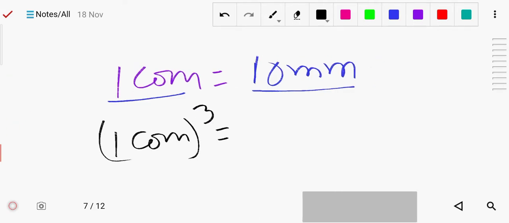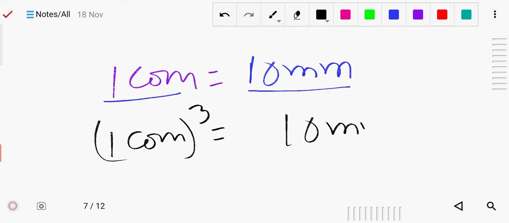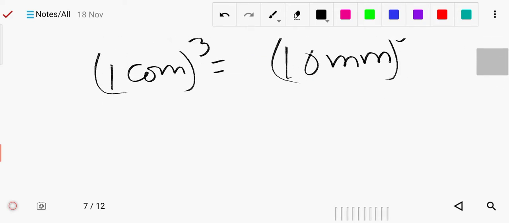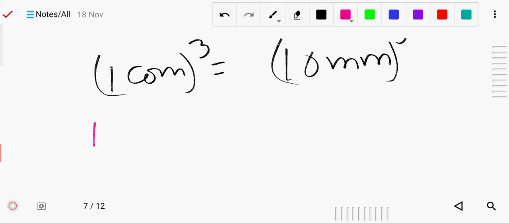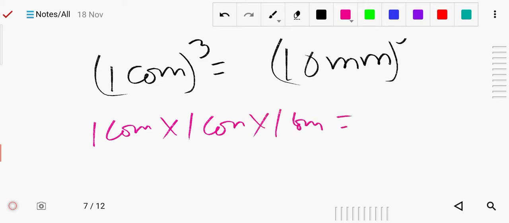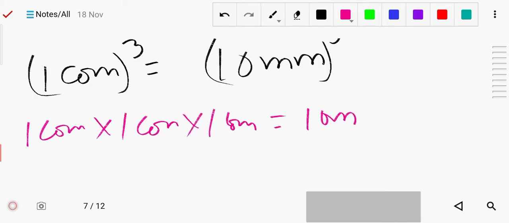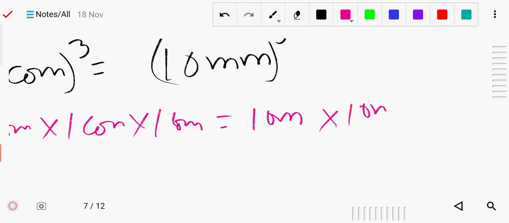So we can write 1 centimeter into 1 centimeter into 1 centimeter, and here 10 millimeter into 10 millimeter into 10 millimeter.